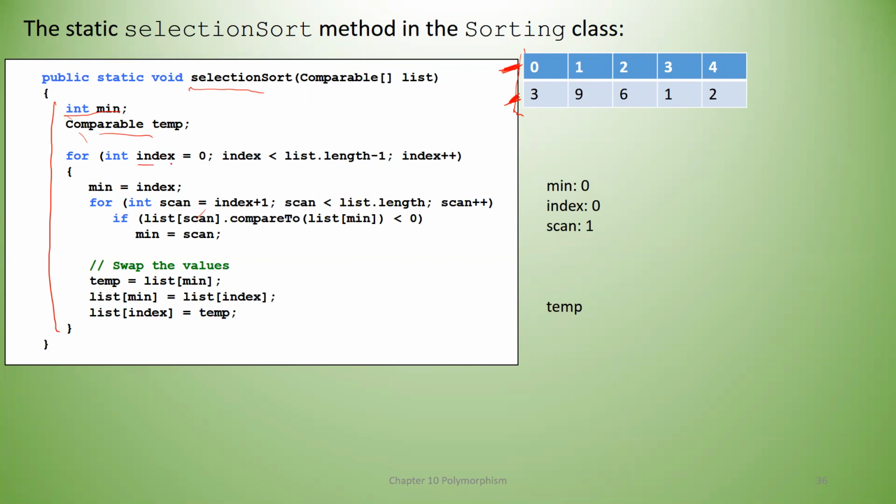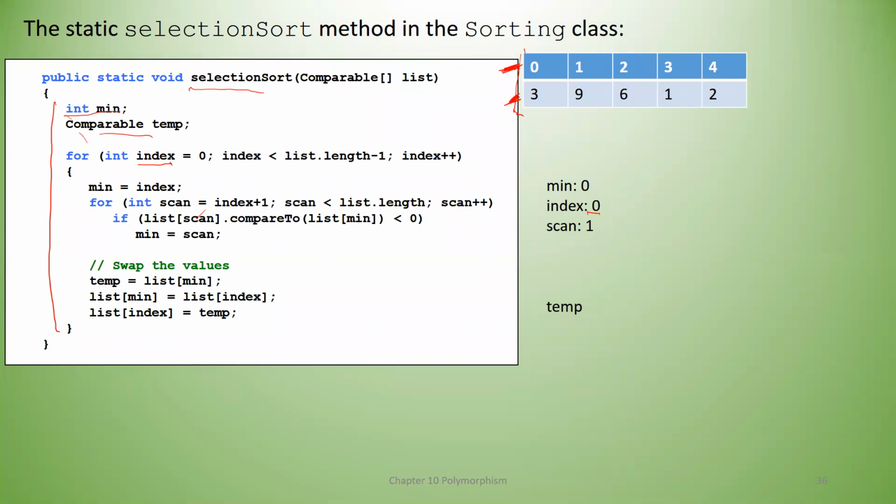So first index is 0, so I put index 0 there. And then we do index less than list.length minus 1. Why do we do length minus 1 instead of list.length? If you remember, I said the last element is the leftover. By default, all the smaller ones are picked, so the last element by default is the largest one.